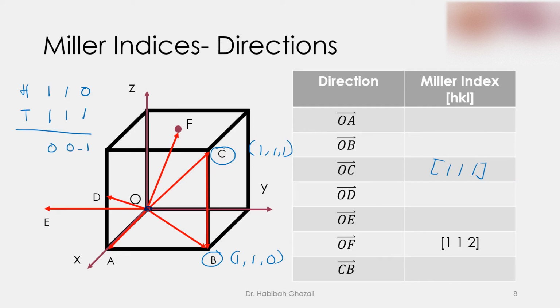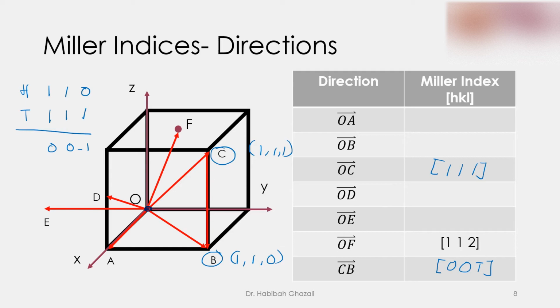As I said, in indexing with Miller indices, when you have a negative integer, that negative integer will be denoted in the square bracket with a bar on top of that integer. All right, so you have 0, 0, bar 1. That is the Miller indices for this particular direction, the vector CB.